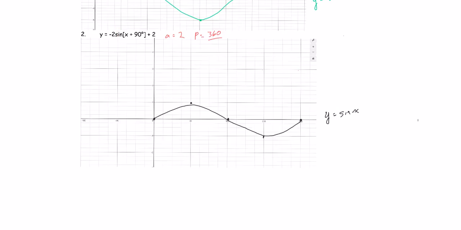So that means it's 360 divided by 1, which is our B value, which is just 360. There is a phase shift. Now, remember, it's opposite world because it's plus 90. It really means it's moving to the left 90 degrees. Minus 90. Or you could write down, like what I tend to do with most kids, remind them that they can write left 90 degrees.